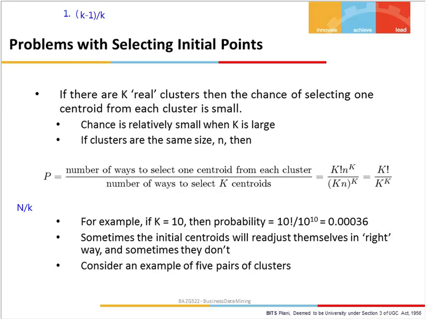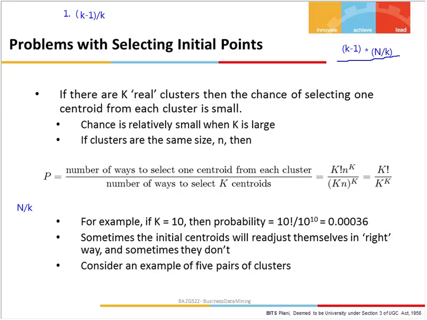So I have to go to k minus 1 clusters, multiplied by the number of points in each, and then the total number of points is n. So this is k minus 1 by k. Has everybody got it? Right? So it is k minus 1 by k.